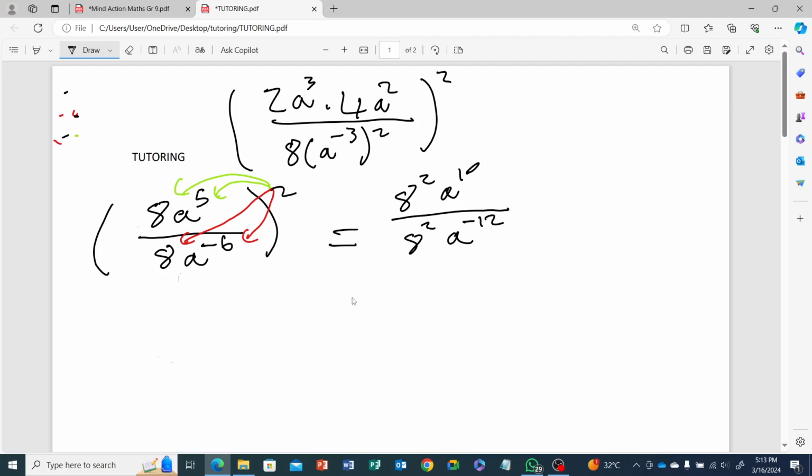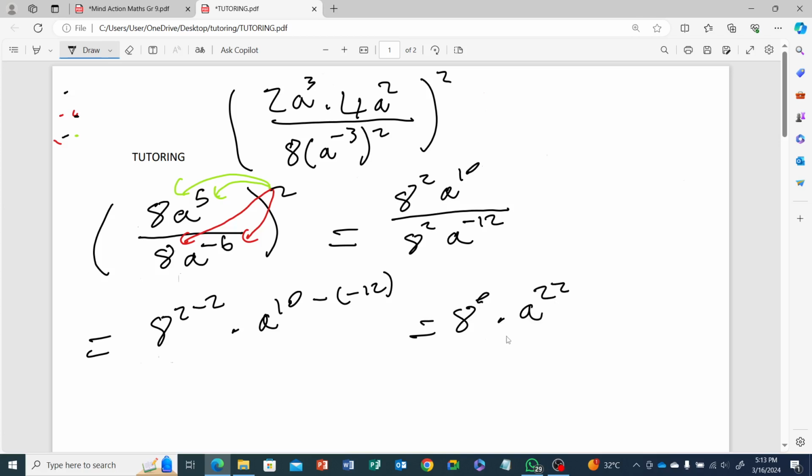Okay, now let us deal with the exponent. So we are going to have 8 exponent of 2 minus 2 times a exponent of 10 minus 12. Now this effectively becomes positive. So I'll be having 8 exponent of 0, which will be 1, times a exponent of 22.